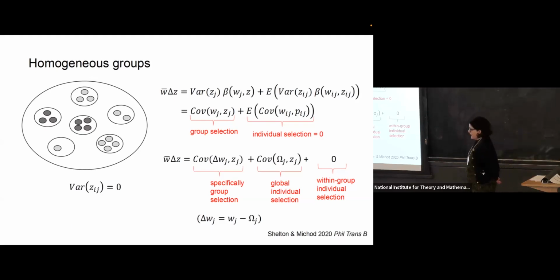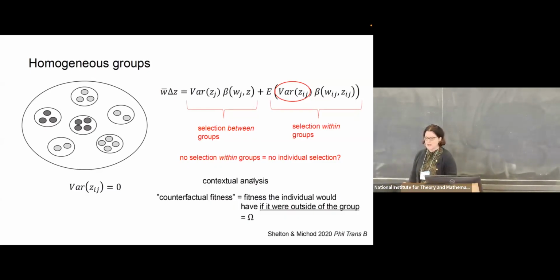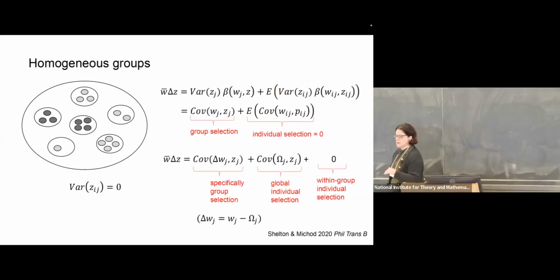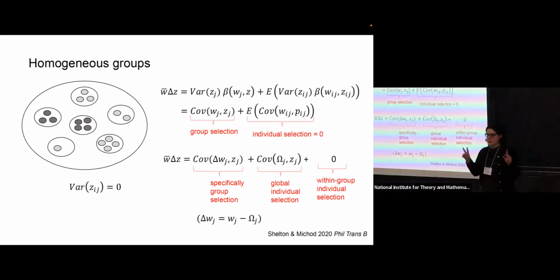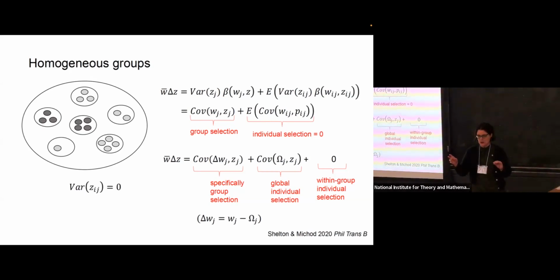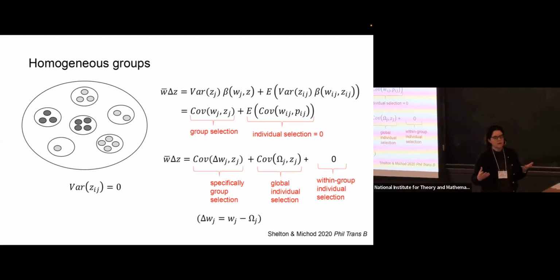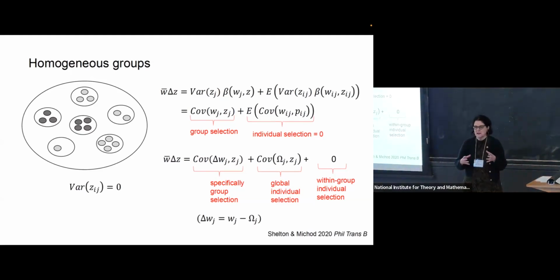Well, that is why I tried to be a little careful not to do that, except here at the end, to call it selection within groups rather than individual selection, because those are two different things. Here I sort of said, okay, let's call it individual level selection. When I was reading this and some other things, this idea of the problem with homogeneous groups, and I think it's really a transitions in evolution question, is that we sort of imagine the transition to multicellularity involved groups of unicellular individuals that were probably genetically identical.